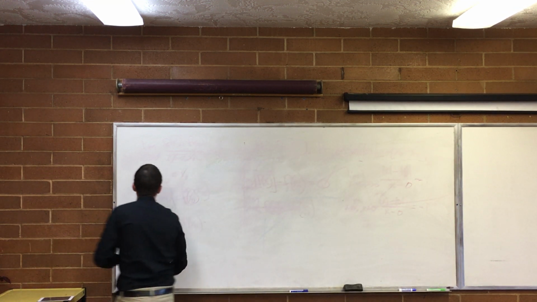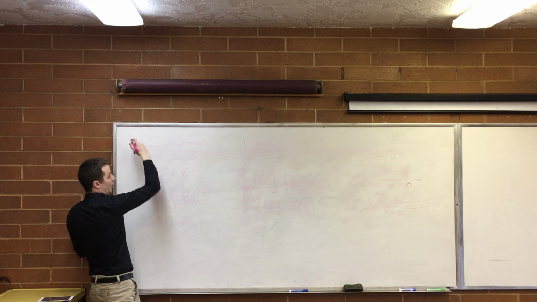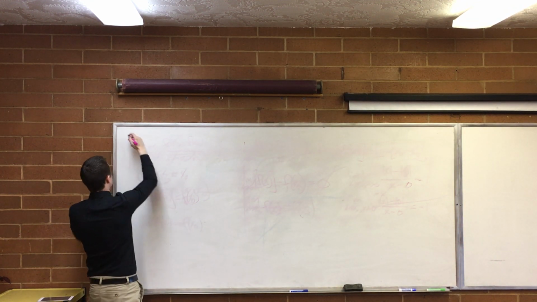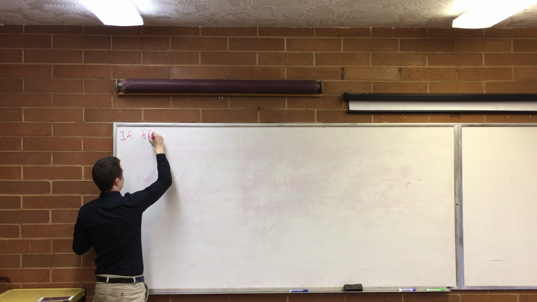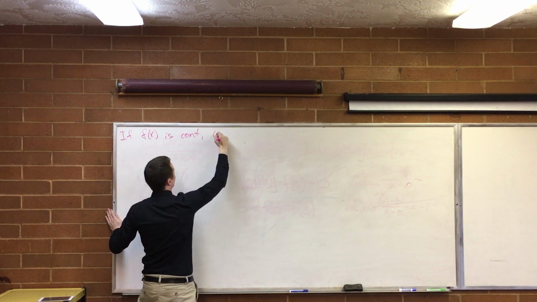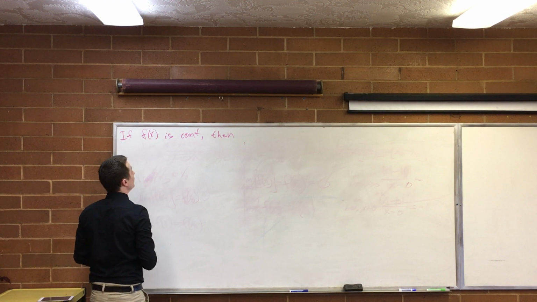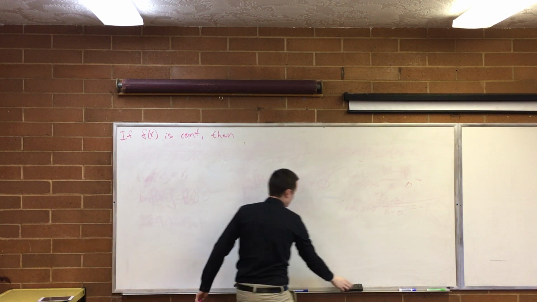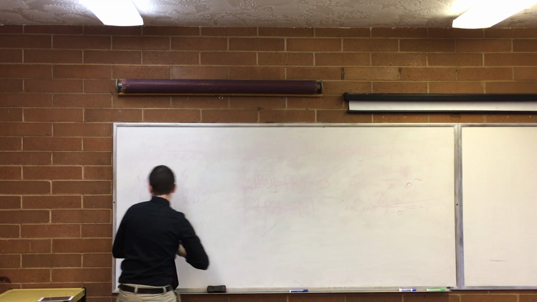So, the definition of the derivative of the function at a point: if f of x is continuous, then, well, I don't know how I want to say this. Let's not write it out. Let's just write the function out there.